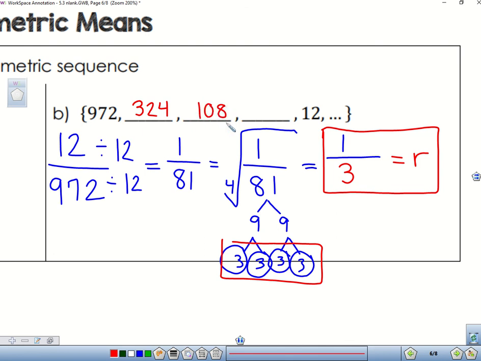And I divide by 3 again, and I get 36. And what is 36 divided by 3? 12, which is what we wanted, right? So that's how you get your blanks. Any questions about this? Make sense?